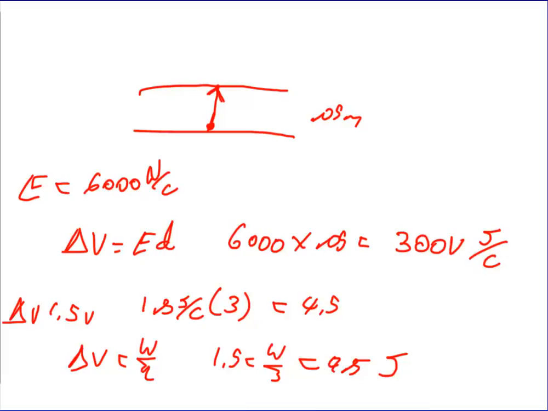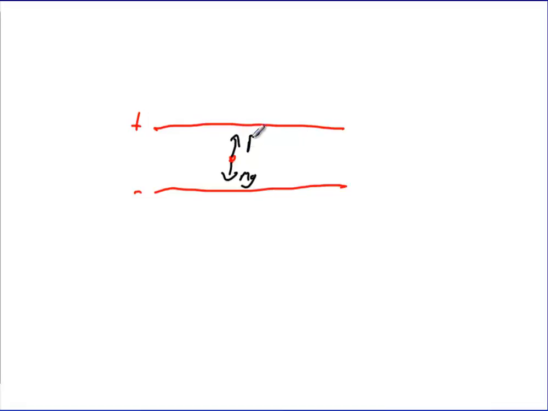Now this allows us to do some cool things, like figure out the charge of an electron. If we had an electric field between these two plates and we put a charged particle in here, there are forces that act on it. There's its weight, which causes it to fall, mg, and if the field is right, there's the force from the electric field pushing it up.